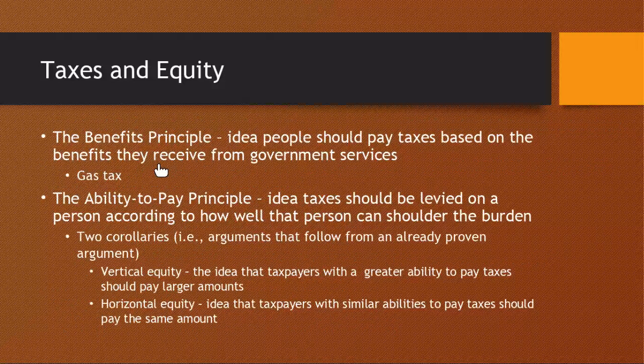The benefits principle suggests that people should pay taxes based on the benefit they receive from government services. To give you a classic example here, you might know that if you go to a gas station, diesel's more expensive than gasoline. Why is that? Well, diesel has additional taxes. Why? Because guess who uses roads more than anyone else?